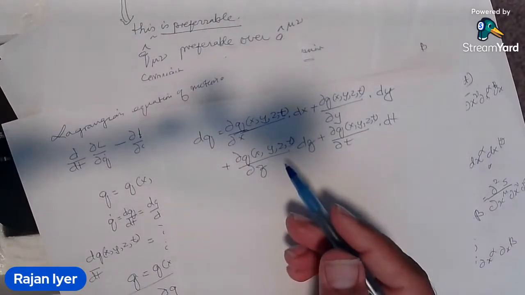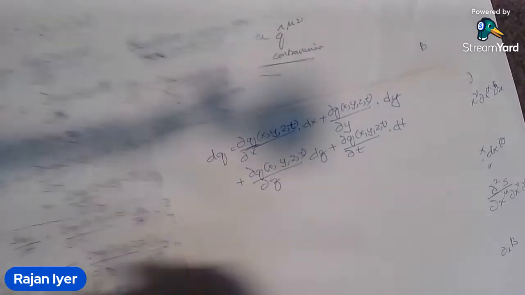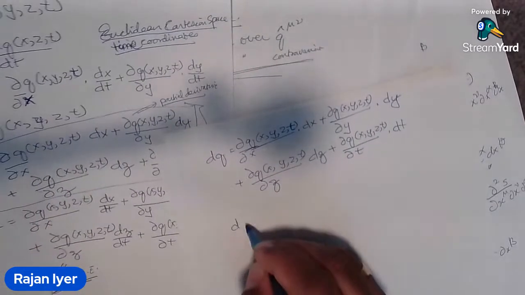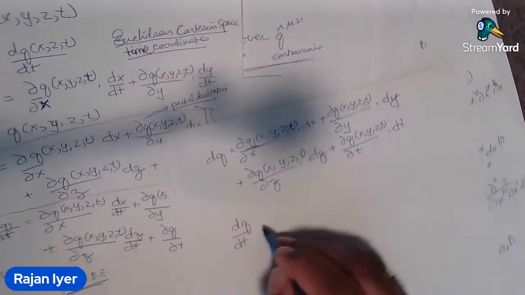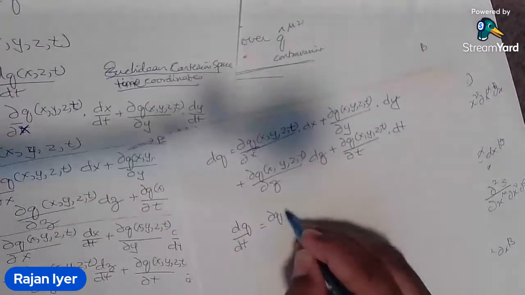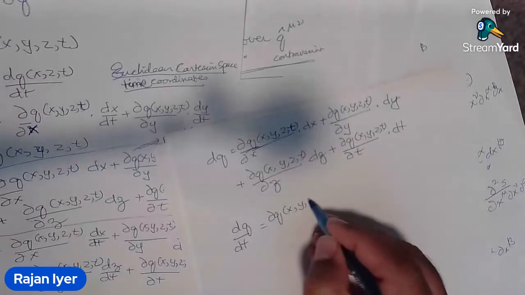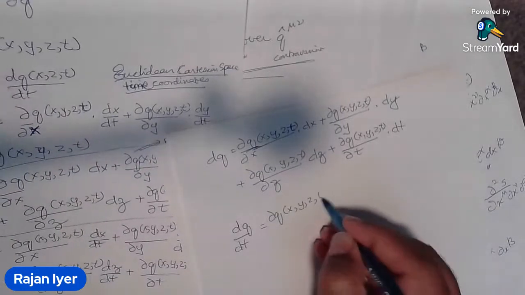Suppose I do, for example, let me first do what we did here, the same thing. If I differentiate with respect to time, we have to write it out, because we get confused otherwise.